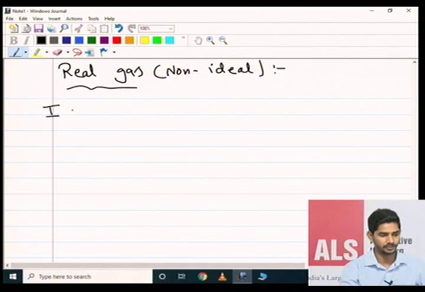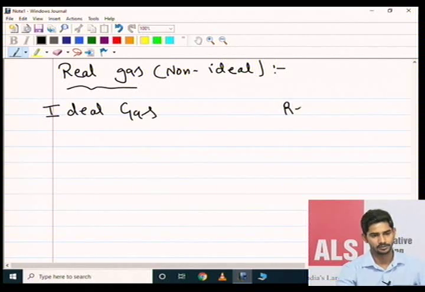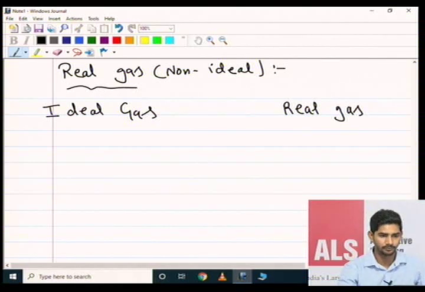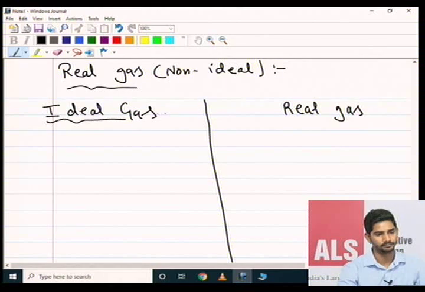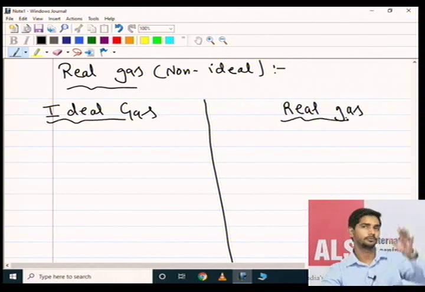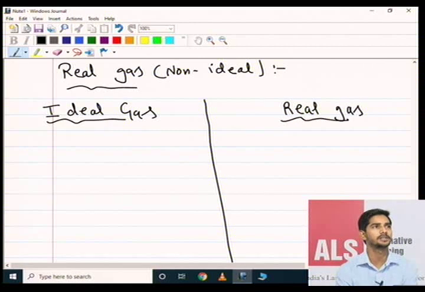We have to make a difference table: ideal gas versus real gas. How many of you are saying the noble gases are ideal gases? Raise your hand. Many are saying this.